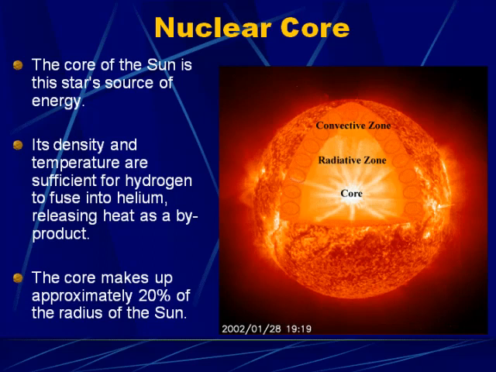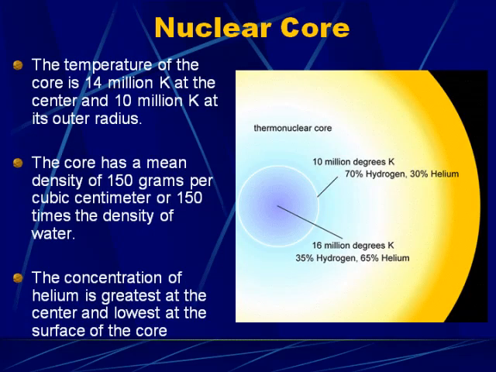Now, the nuclear core of the sun is really the star's source of energy. Here, the density is high enough and the temperatures are high enough that hydrogen can overcome its electrostatic repulsion and be fused into helium. Now, the core makes up only about 20% of the radius of the sun. However, being at the center of the sun, it has a very high density and a very high temperature.